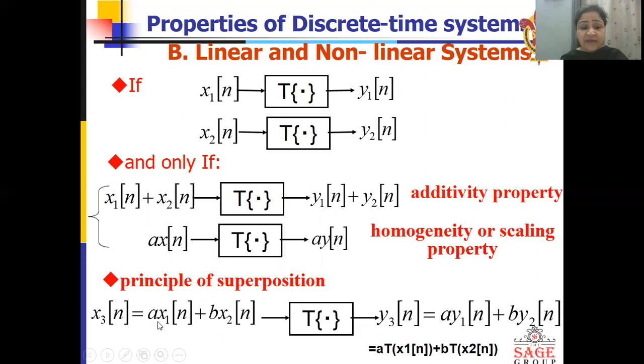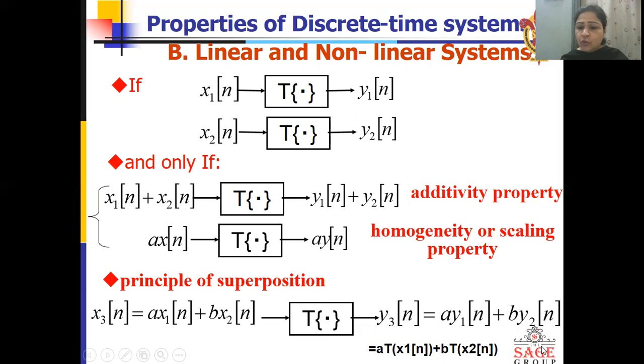That means if x1[n] and x2[n] are multiplied by scaling factors a and b respectively and are added and are given to the system, in that case, the output will also be y1[n] and y2[n] multiplied by a and b and are added together. That means a·T[x1[n]] plus b·T[x2[n]].